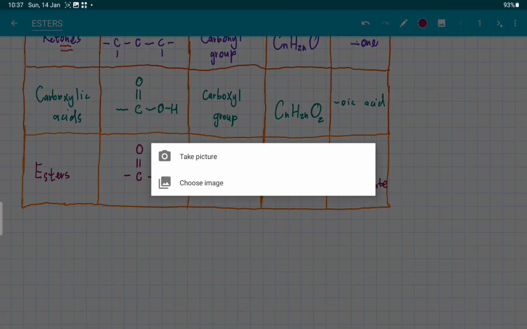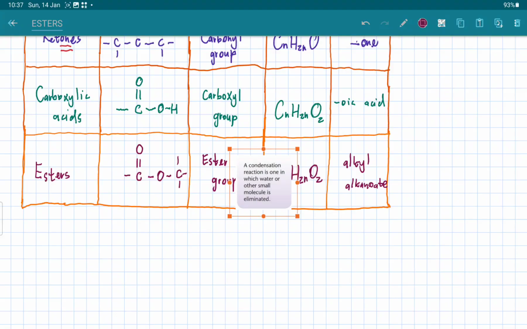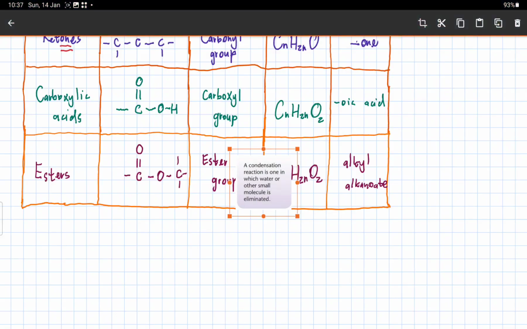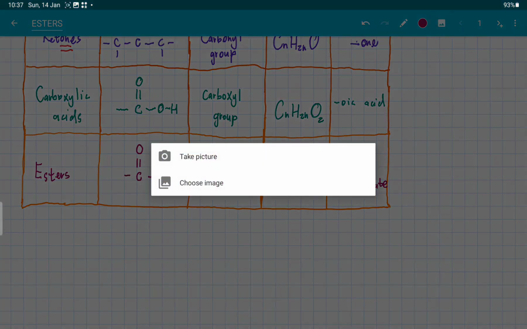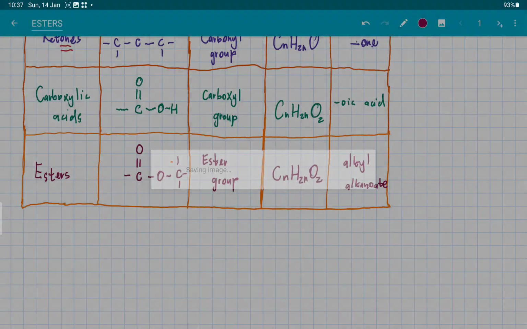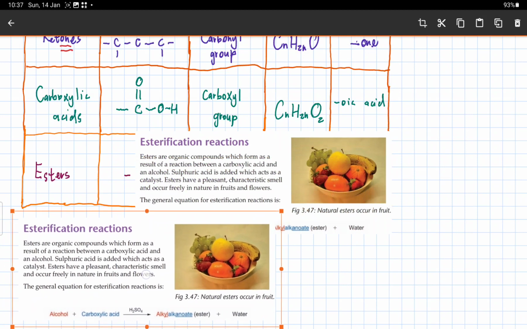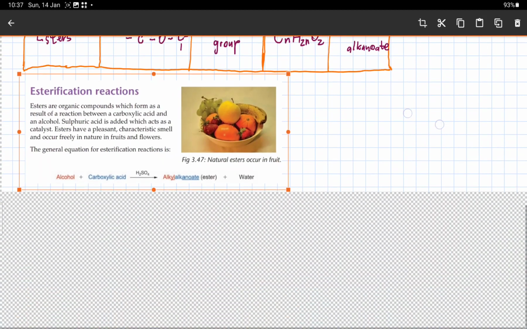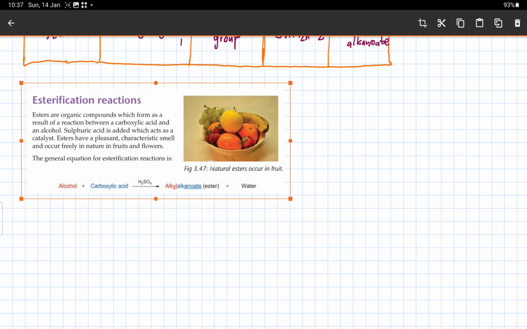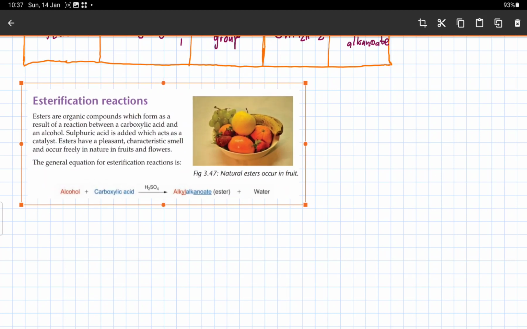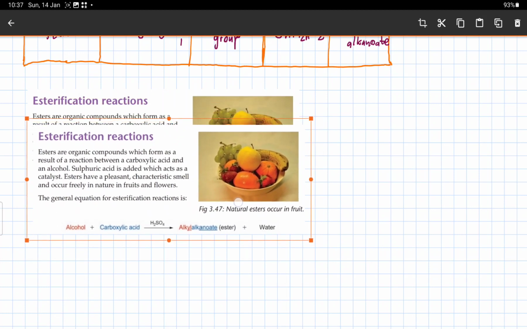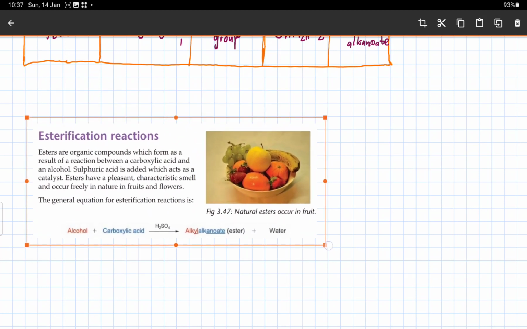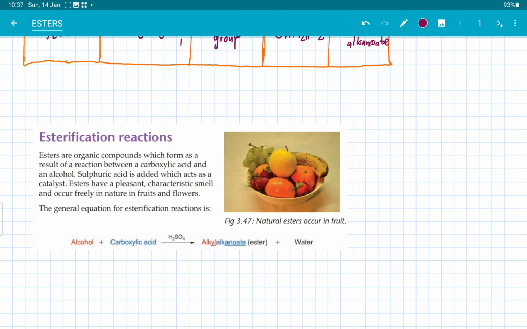I'm not going to write what esters are. I did take an extract from a textbook. Esters are produced as a result of a process called esterification. That's the reaction that produces an ester.